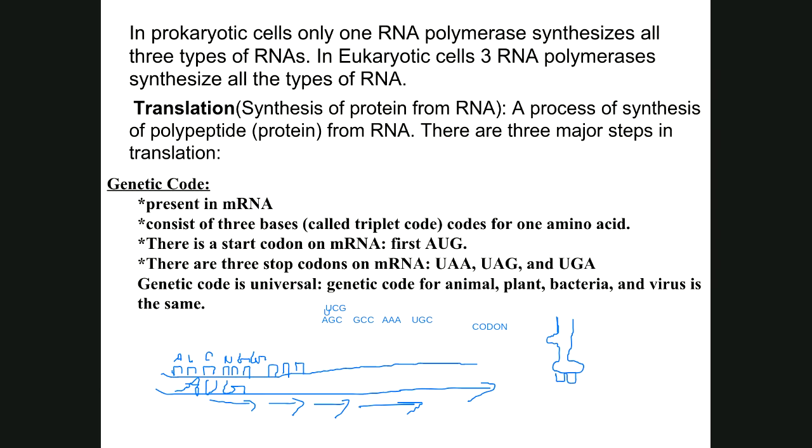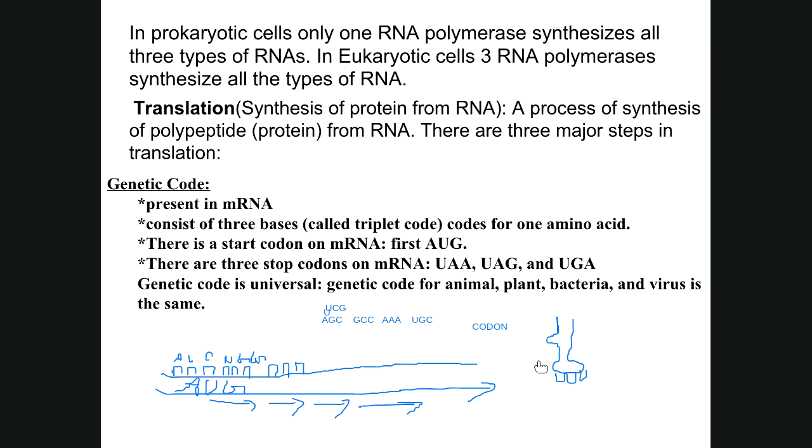This is the tRNA and you can see at the bottom there are 3 nucleotides. These 3 nucleotides are called the anticodon. So each tRNA brings this anticodon, U, C and G. Okay.